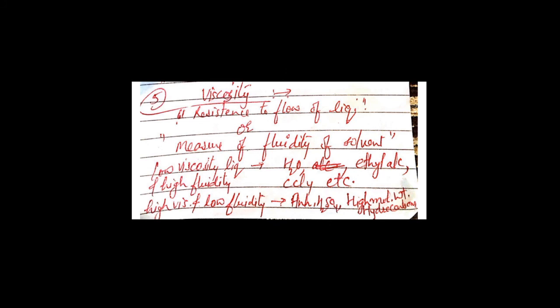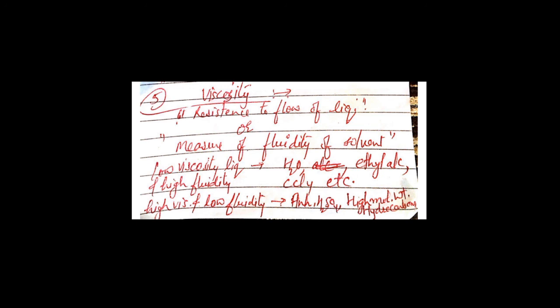The next property of a solvent is viscosity. It is a measure of the fluidity of the solvent. Solvents like water, ethyl alcohol, carbon tetrachloride have low viscosities and are highly fluid and flow rapidly under ordinary temperatures. On the other hand, anhydrous sulfuric acid and high molecular weight hydrocarbons have high viscosities and flow at much lower rates at ordinary conditions.